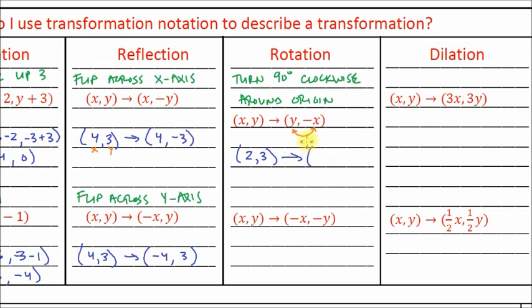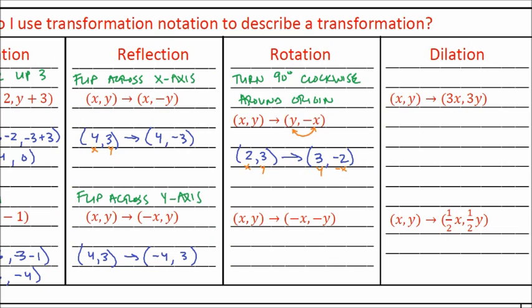Our y value was 3. Now that shows up at the front of our new coordinate, and our x value moves to the back of our coordinate, and it flips sign. That gets us to rotate our points. And I'm going to write here: (x, y) became (y, negative x).